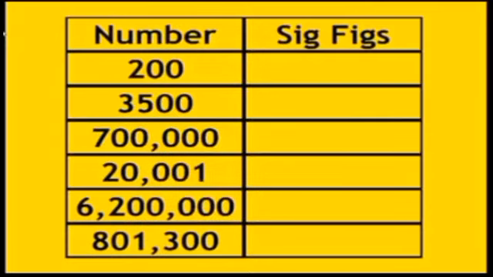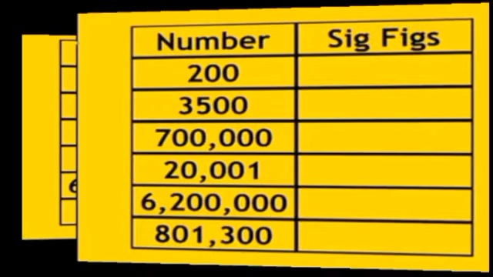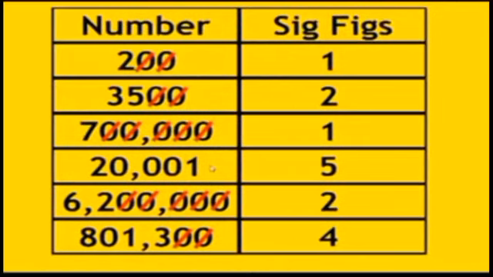Let's take more examples. So if you can do this, but let's go to the correction. This is simply obeying rules number 2 to 5. In the first example, 200, remember we said in rule number 4 that when there is no decimal point, the trailing zeros are not significant, and there is no decimal point to make the zeros significant.